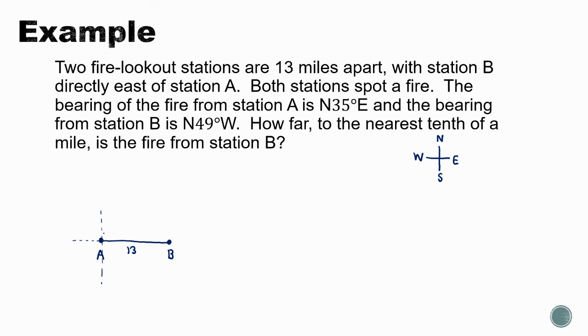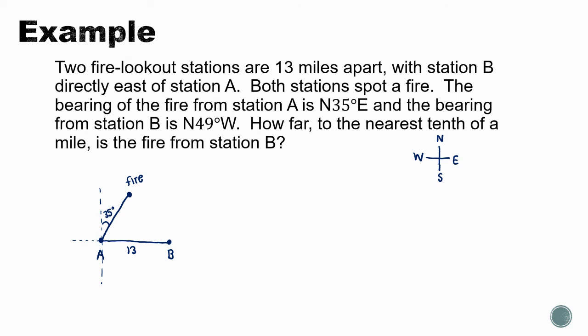So northeast means I want to go up and to the right. So say this is where my fire is. Like I just said, the angle is always formed with the north-south line. So that means 35 degrees is right here.